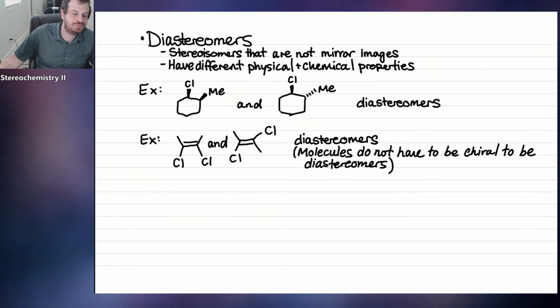So now you know what diastereomers are. So let me ask you a couple true and false questions similar to what I might ask you on an exam. True or false? If a molecule has exactly one stereocenter, it must be chiral.